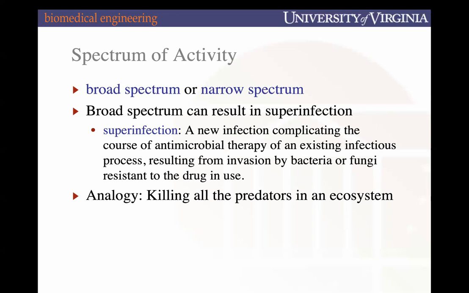One example, one analogy, I want to come up with a better analogy than this, but this was created for me. If you have a specific ecosystem and you kill all the predators, there are consequences for that in this ecosystem, where if all you have left are deer, sheep, and cow, for lack of a better phrase, within this very narrow ecosystem, you'll end up having animals that will eat all the grass, all the shrubbage, and it's going to destroy one element of the ecosystem that's going to create a total imbalance and eventually lead to destruction of the ecosystem.